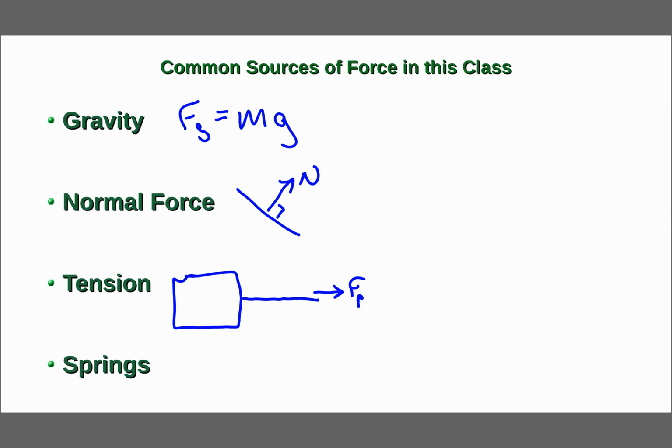So if my rope doesn't have mass and my rope doesn't stretch or deform in any way, then the force that I apply to the one end of the rope will end up being the force that's applied to the block, okay? And generally in this class, when we deal with tension, strings and ropes and things like that, we're going to go ahead and approximate that they don't stretch, they don't deform, and that they have no mass, okay? They're going to be an ideal rope.